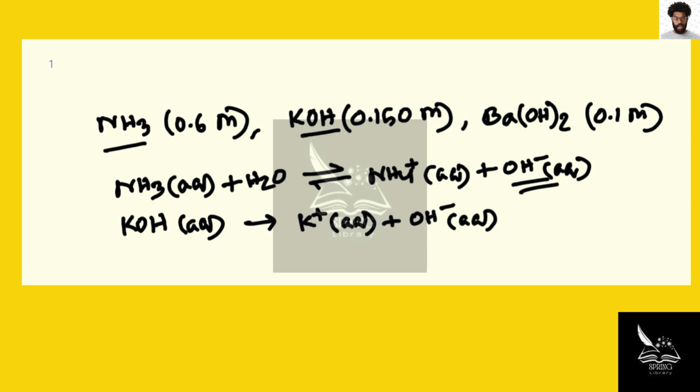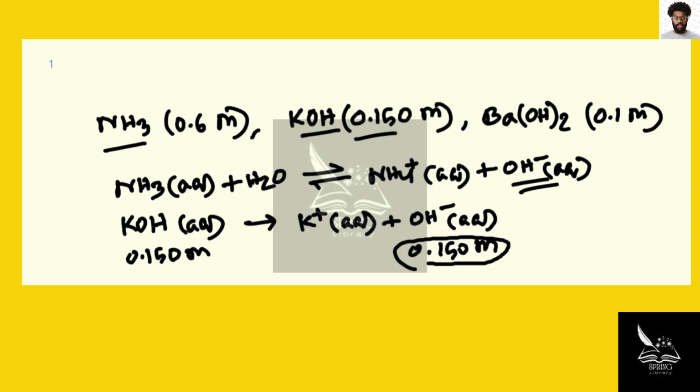So if the concentration of the KOH is 0.15 molar, then the concentration of the hydroxide will also be 0.15 molar. That means it will produce 0.15 molar hydroxide ion as the concentration.